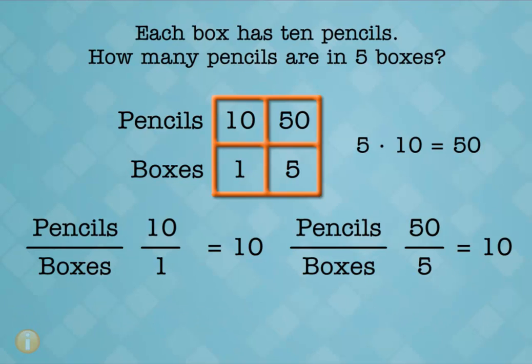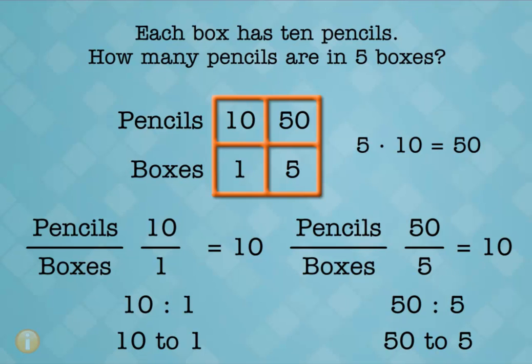We can also write these same ratios like this. This ratio is read as the ratio of pencils to boxes is 10 to 1. This ratio is read as the ratio of pencils to boxes is 50 to 5. Another way to write ratios is like this. These are read as 10 to 1 and 50 to 5.